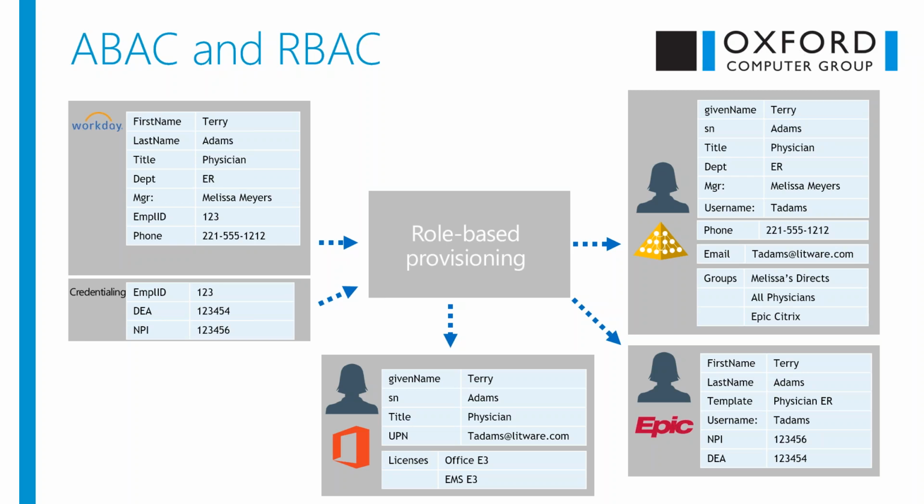We bring these in and we basically create a full-formed identity. And once we have this composite identity, we should leverage roles or attributes to drive provisioning access. You can see that here because Terry is a physician in the ER with a template in Epic that's physician ER access. You'll also see that she's been given some groups in Active Directory that are basically derivatives of that identity information.